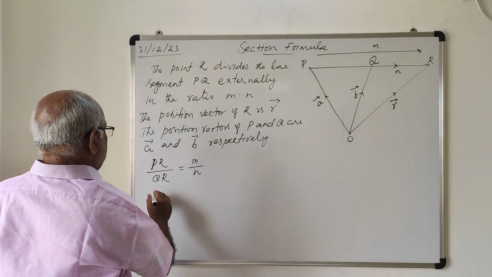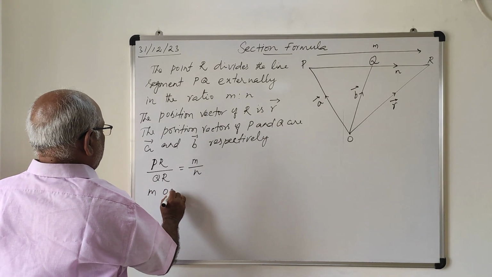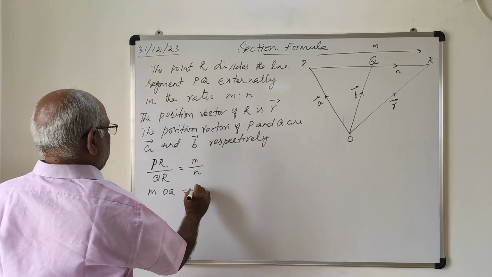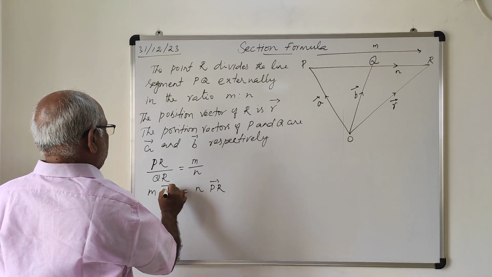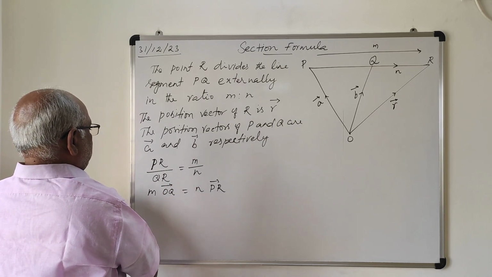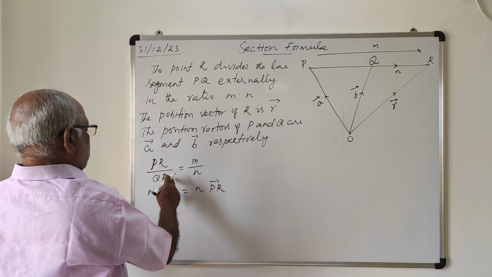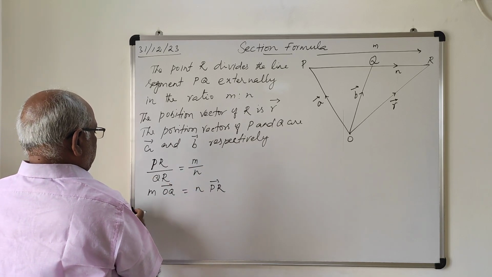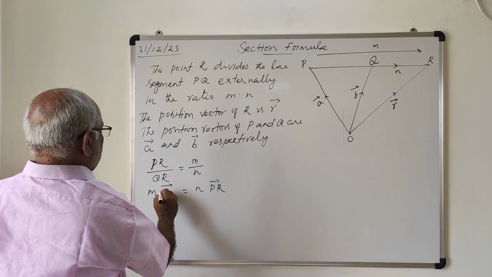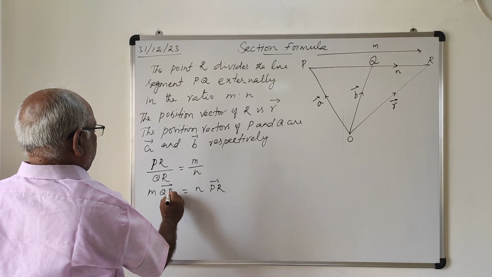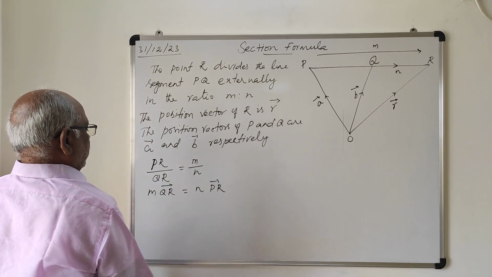Now m into QR is equal to n into PR. You consider this as vectors. m into QR, cross multiplication. m into QR vector equal to n into PR vector.